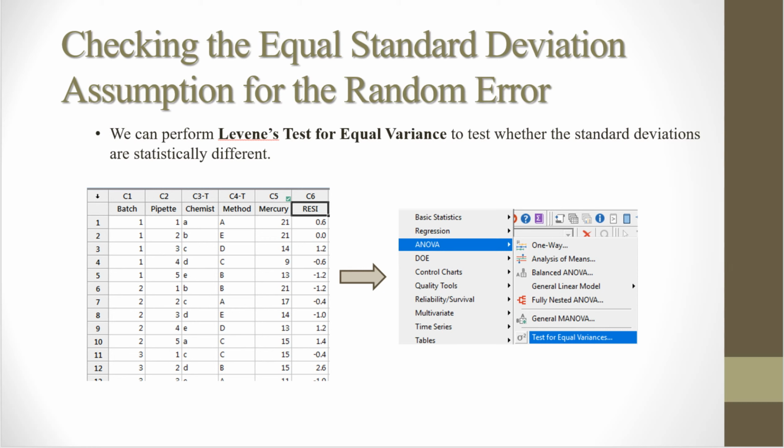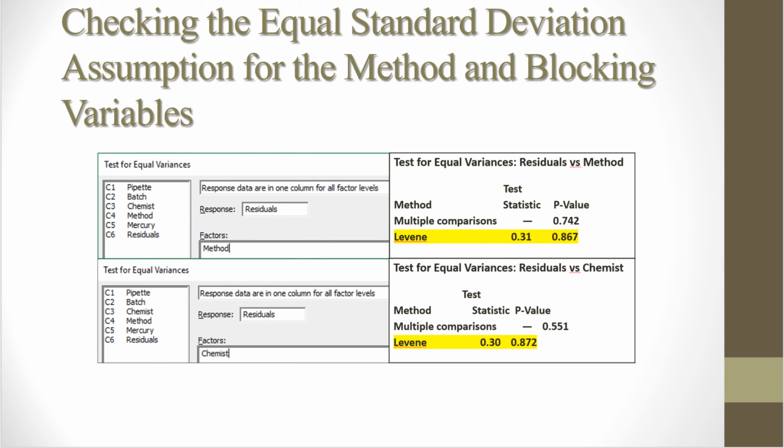So we can perform Levene's test for equal variance to test whether the standard deviations are statistically different. So using the residuals, we go Stat, ANOVA, Test for Equal Variances. And then we get our Levene's test results, which, as we can see here, for the method and chemists are both statistically insignificant.